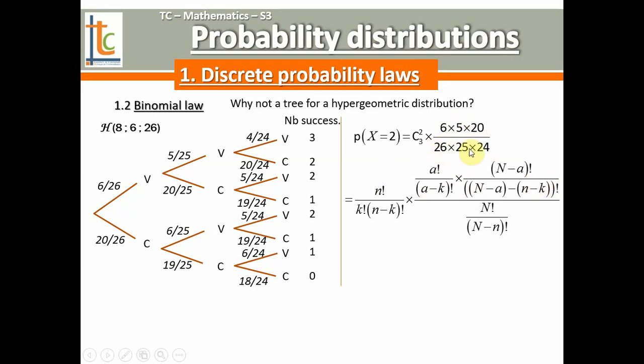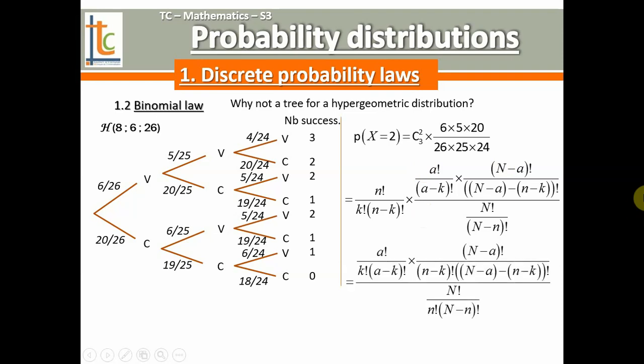And 26, 25, 24 is the representation of this fraction below. And this can be simplified as a general calculation simplification, and you will recognize the general formula of a probability in a hypergeometric distribution with the 3 combination numbers.